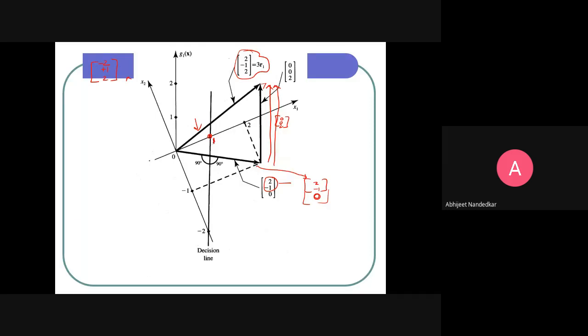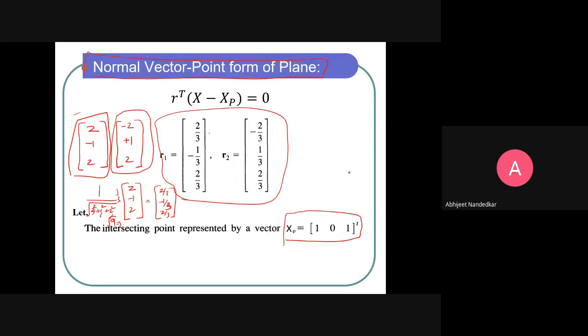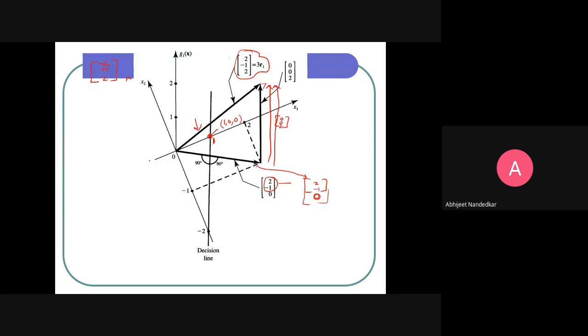This particular point is 1, 0, and if I take this 3D space, this will be 1, 0, 0. Now intentionally we are taking the point 1, 0, 1. So where is this? I am taking it somewhere here. So this is the point 1, 0, 1.